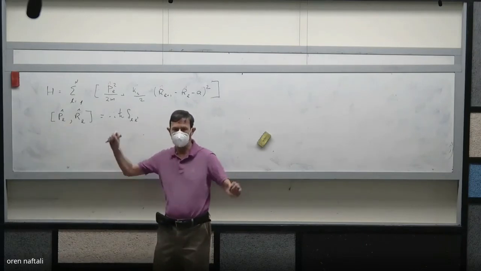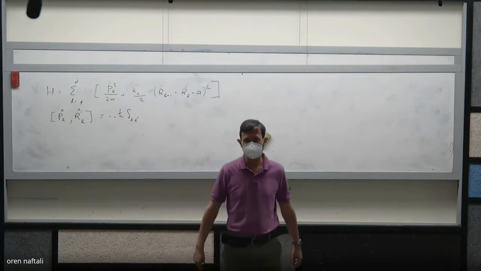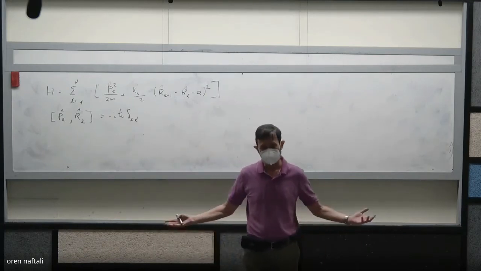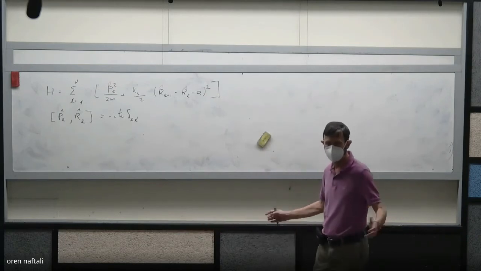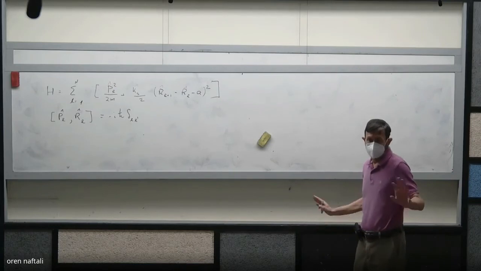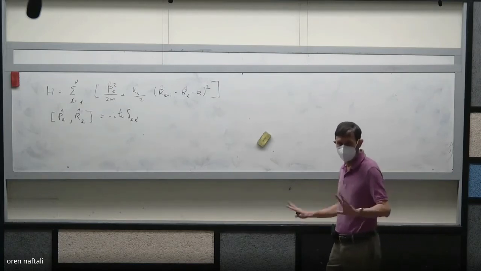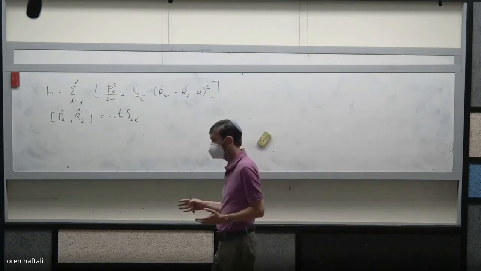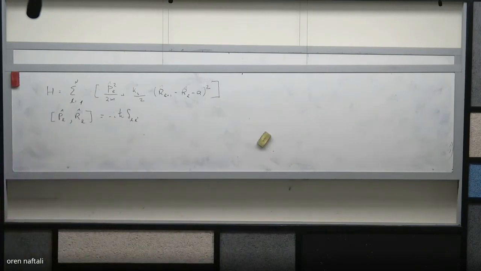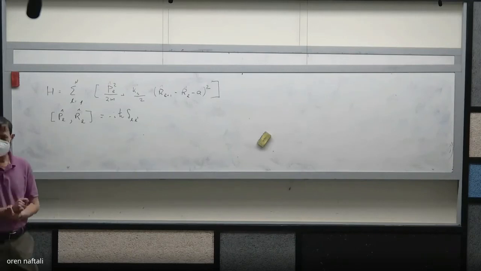If P and R are on different masses, different particles, I can measure them both, no problem, no commutation. And at that point, I'm finished. I have to calculate something, but from the point of view of quantization, I'm finished.